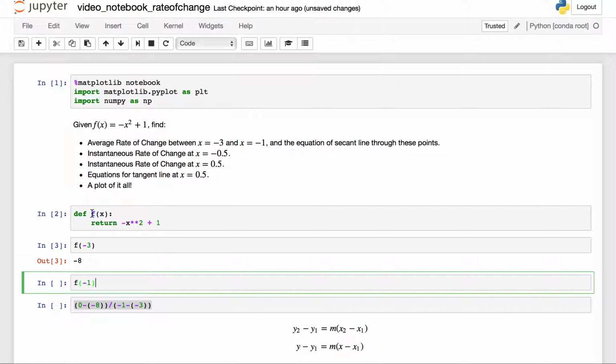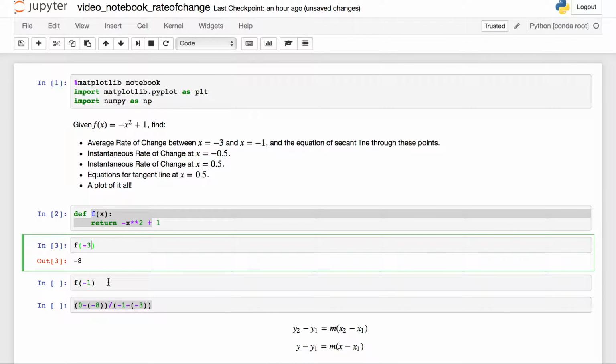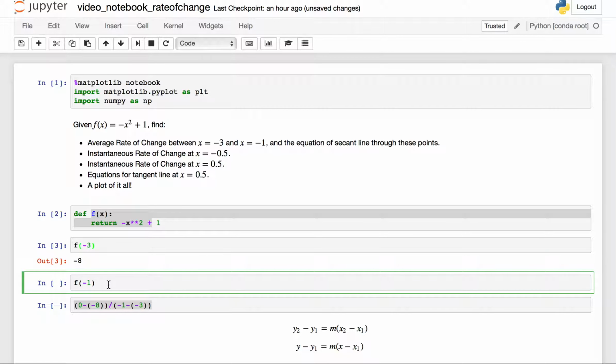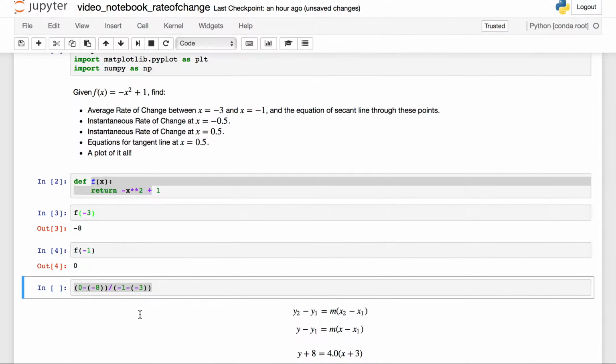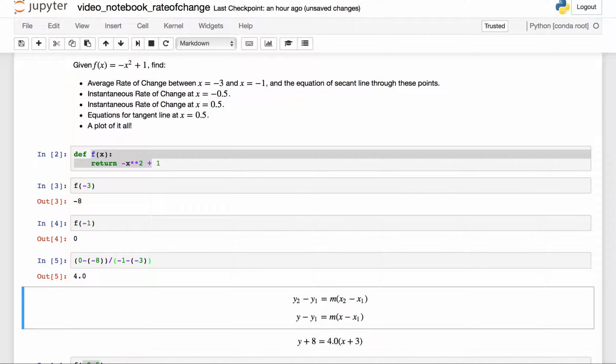Again, because I have f defined here, I can just plug in x values and I'll get back the y values. The y value for when x is negative 1 is 0. Then I can just plug those values into my slope formula. Let y2 be 0, minus y1, negative 8, over x2, negative 1, minus x1, negative 3, and we get a slope of 4.